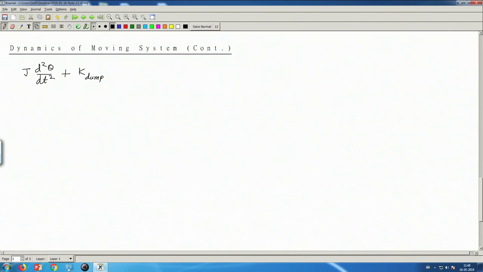Let me use a simpler notation for ease of writing. Let me write it as A, the next term as B dθ/dt, where A is J, the moment of inertia, and B is the damping constant.